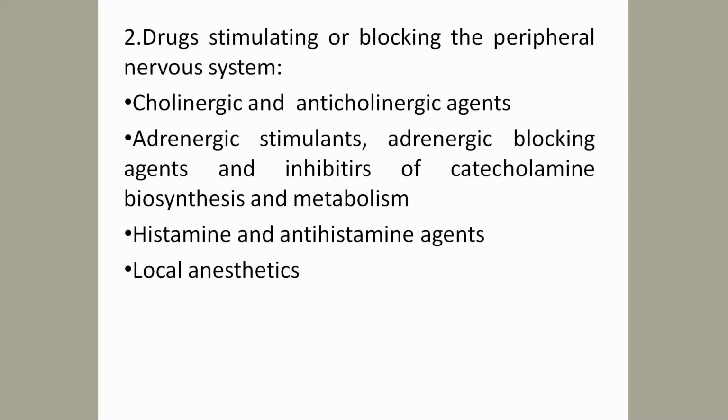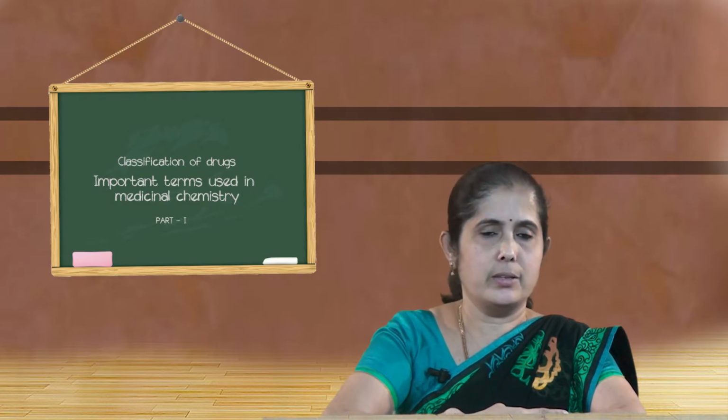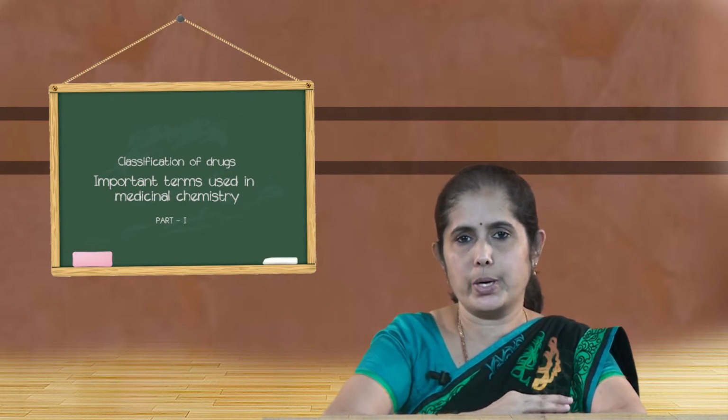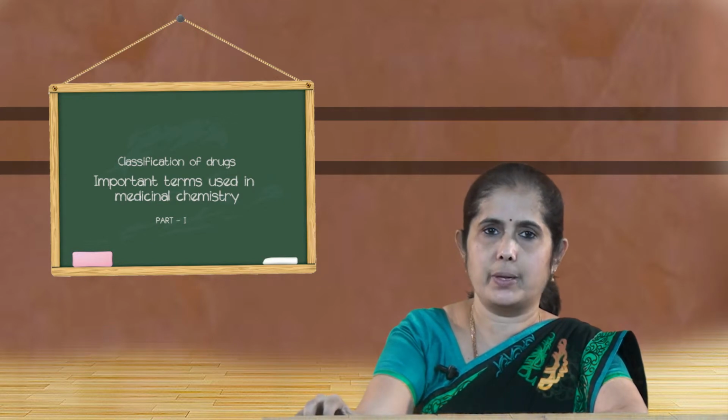Antihistamine agents are normally taken when the person is suffering from allergy, like a running nose. In that case, antihistamine drugs are given. Next, local anesthetics, which are applied to inhibit pain locally. If small operations are being done on body parts, local anesthetics are given.